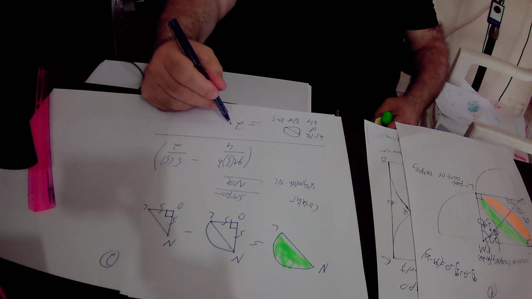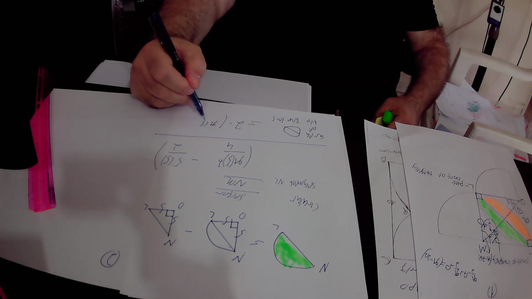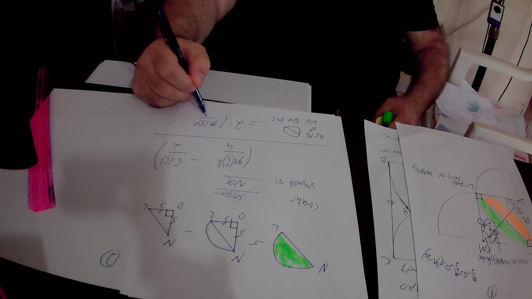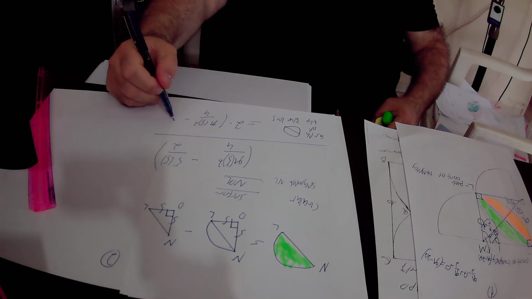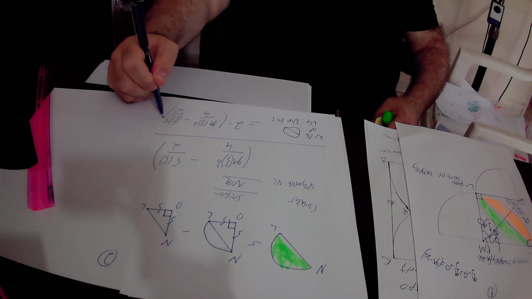So it is 2 times pi times 5 squared over 4 minus 5 times 5 over 2.